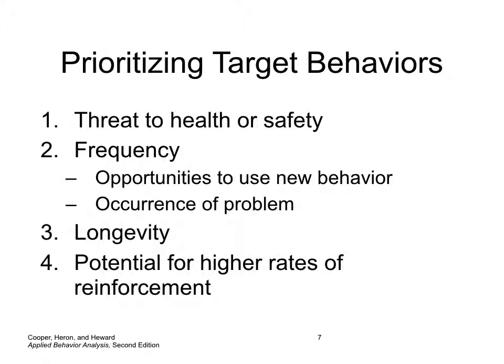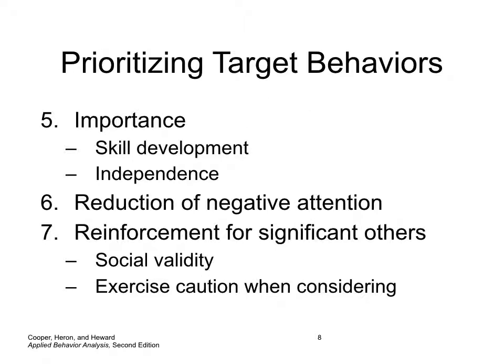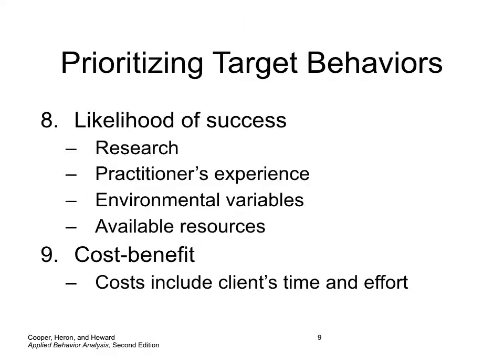This can be done by rating the behaviors against key questions related to the behavior's relative danger, frequency, long standing existence, potential for reinforcement, relevance for future skill development and independent functioning, reduced negative attention from others, likelihood of success, and cost.